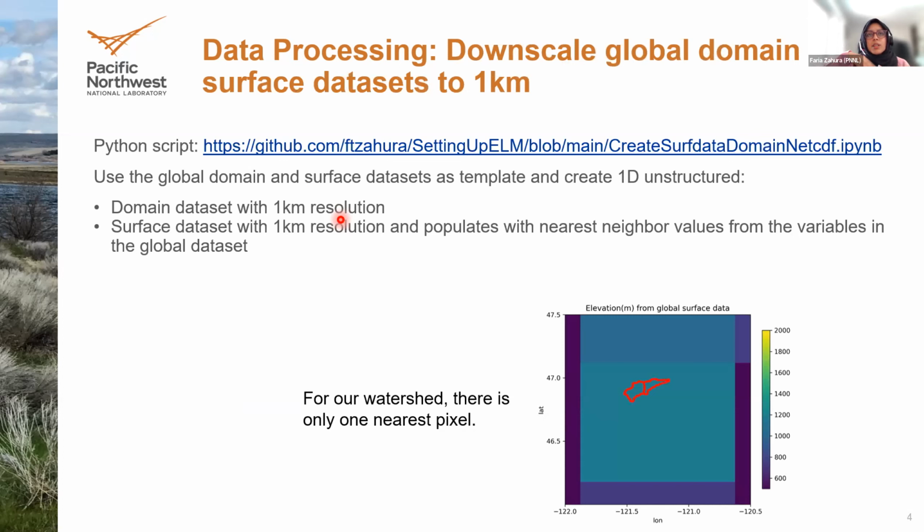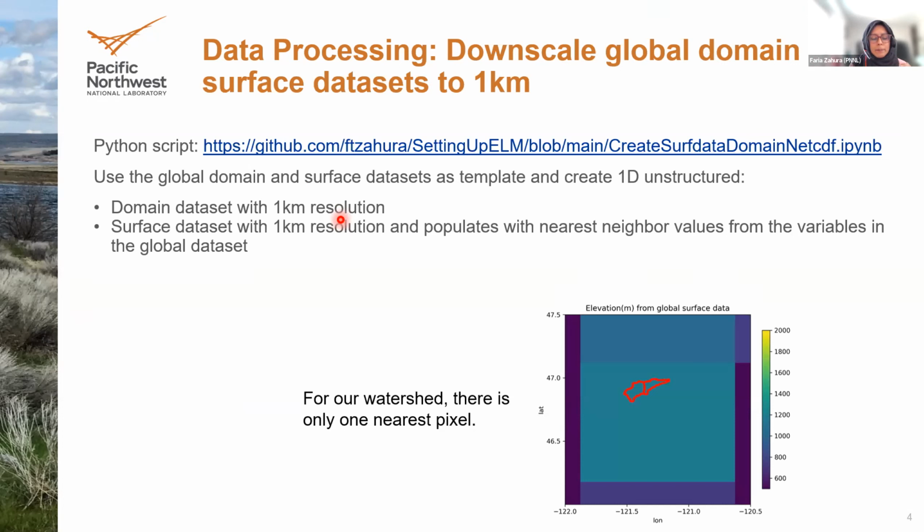First, it downloads the global grid cell, which is structured, and then the user would provide the minimum and maximum latitude and longitude boundaries surrounding the watershed bounding box. The script would use the global domain and surface data as a template.